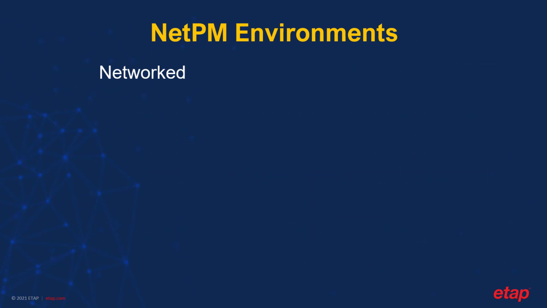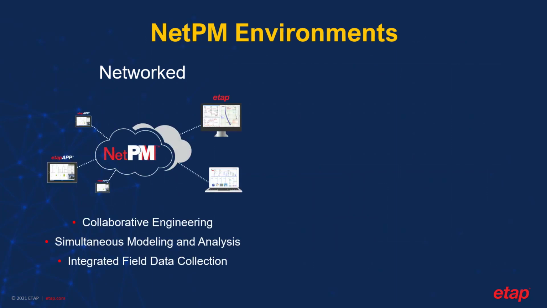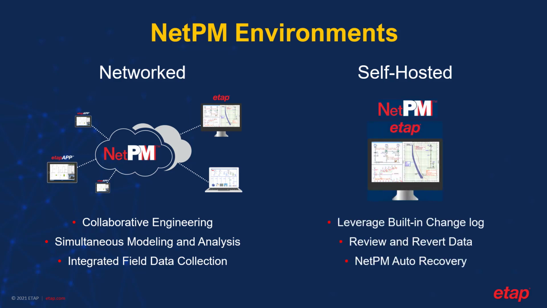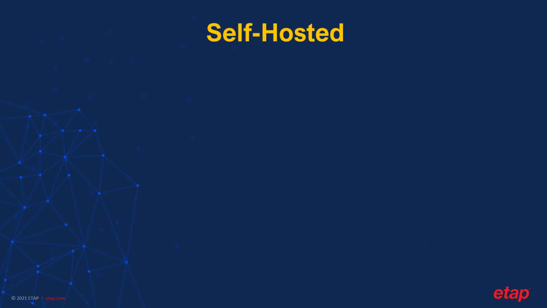As the name suggests, NetPM was primarily intended for networking ETAP projects together. To do this, the incremental changes to each project must be logged and managed in the NetPM server. Conveniently, this log can also be leveraged for standalone or self-hosted applications to help clarify modifications that were previously made to the project.